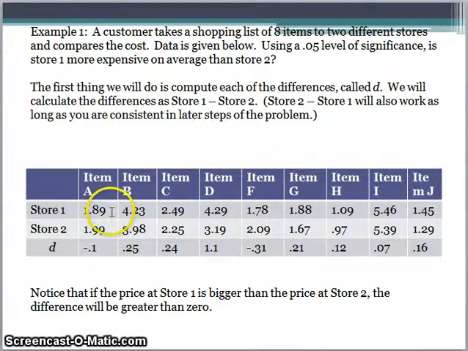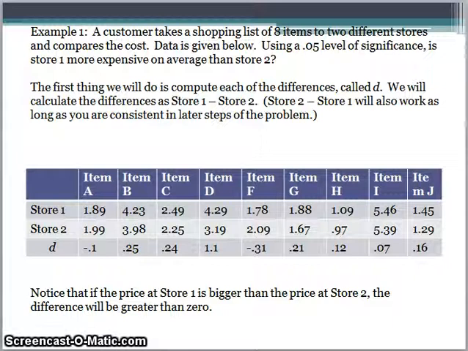So what they do is compute each of the differences: store 1 minus store 2. So here you've got $1.89 minus $1.99, which means you get a difference of negative 10 cents. It means that store 2 was 10 cents more expensive than store 1. And we do that for all of these. And it doesn't matter which way you do the subtraction as long as you're consistent throughout the problem.